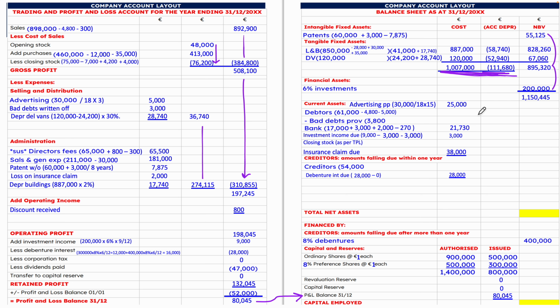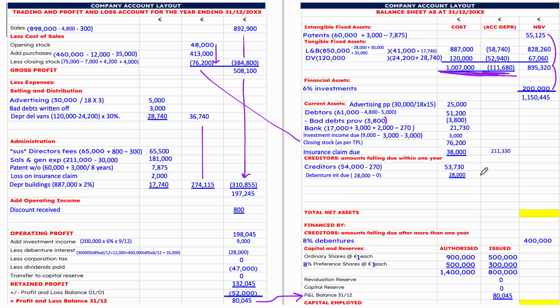My current assets then, I've got my 25 grand advertising prepaid, 51,200 debtors. I'm going to take away my bad debts provision of 3,800. I've got bank figure 21,730, investment income due 3,000, my closing stock 76,200, and my insurance claim. I tot all of them up, I get 211,330.